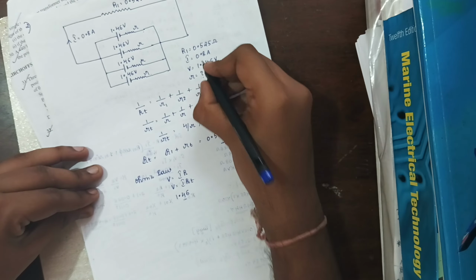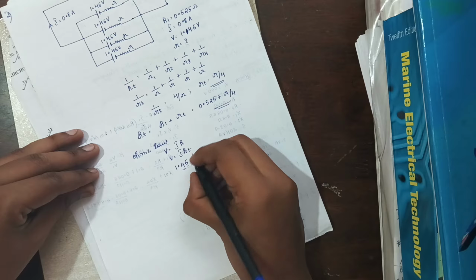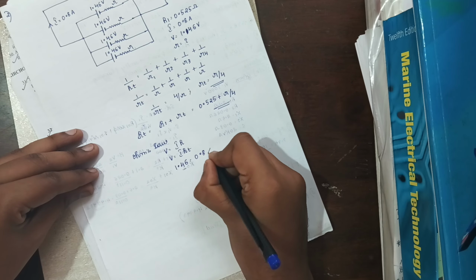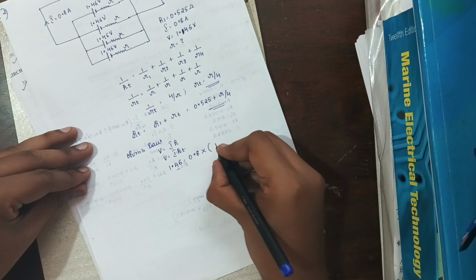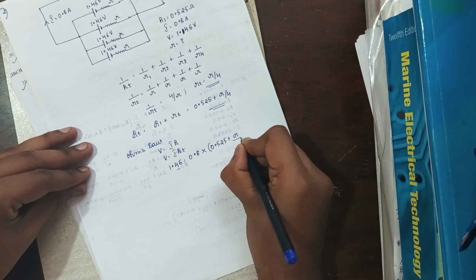So V is 1.46 is equal to I, which is 0.8, into RT, which is 0.525 plus R by 4.